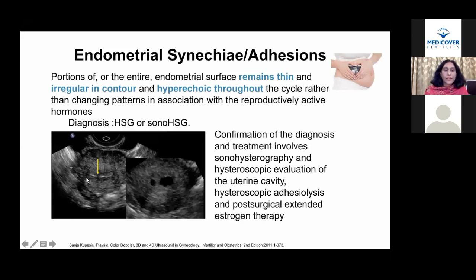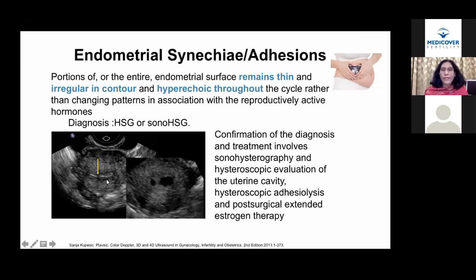Now suppose in this picture you can see it is very thin and also irregular. It's not continuous, it's irregular and hyperechoic throughout the cycle, and it's not even changing with the cycle. So this indicates that there is some problem.